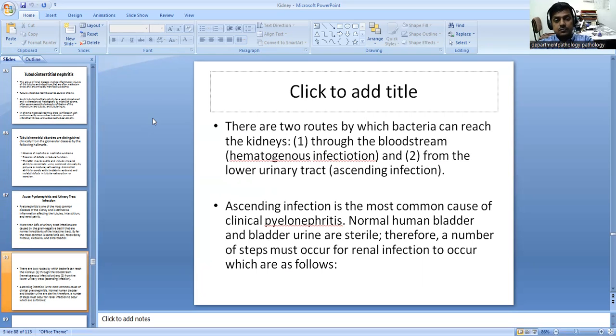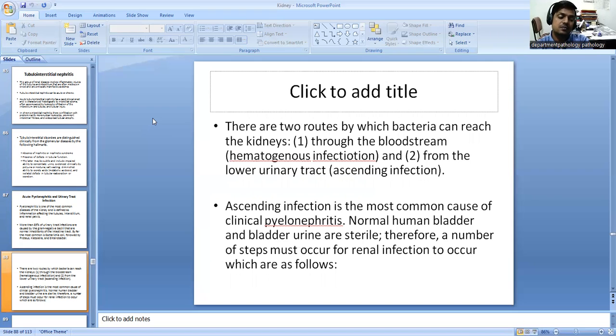There are two routes by which bacteria can reach the kidney. Number one, through the bloodstream, known as hematogenous infection. Number two, from the lower urinary tract, known as ascending infection.